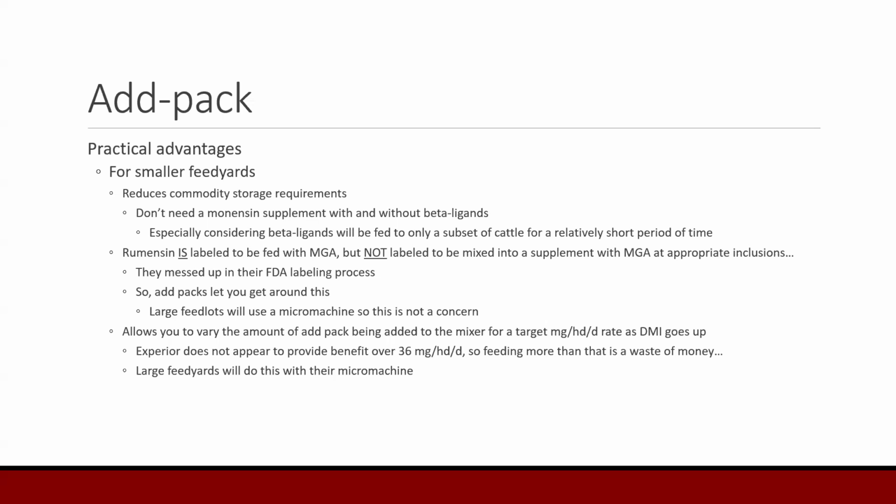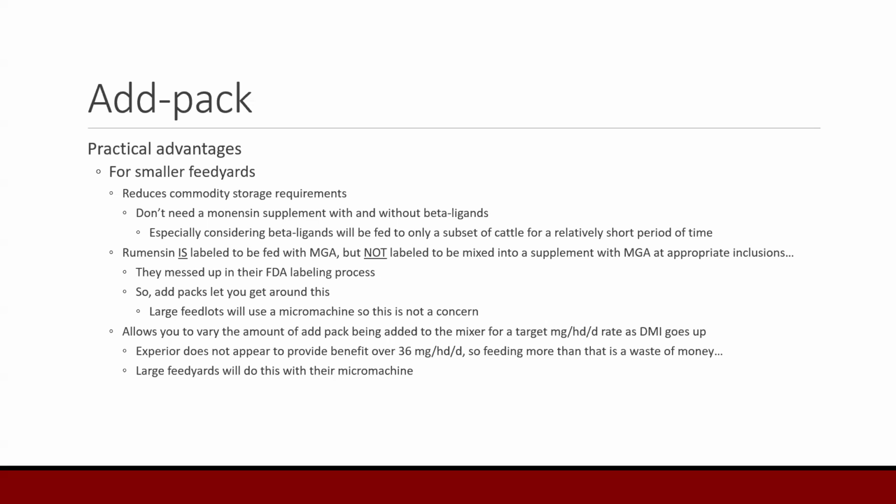So they messed up when they entered in, they ended up putting the type C medicated concentrations for the type B concentrations on the label. So they can be fed together legally in a type C ration. However, you can't mix a type B ration to provide those at legal limits. Okay?